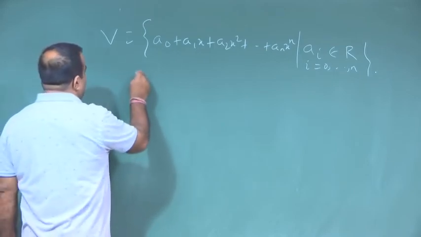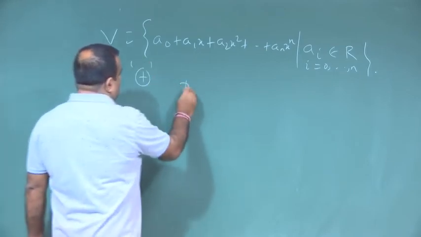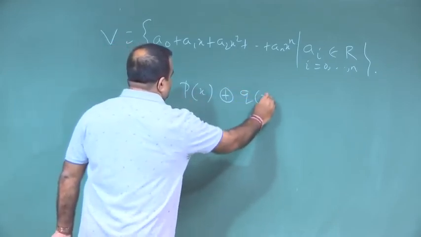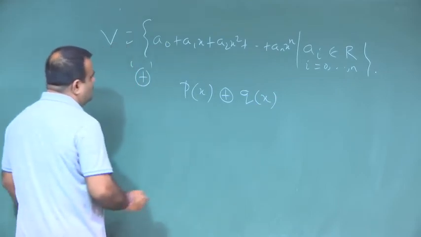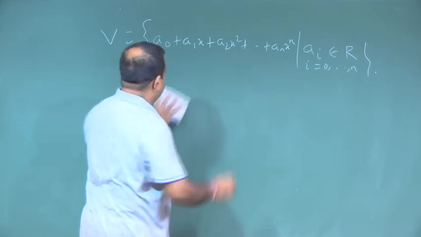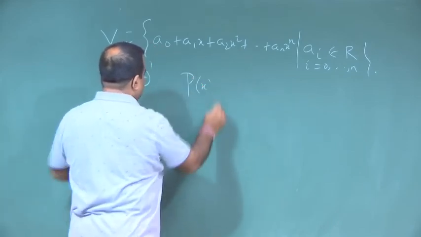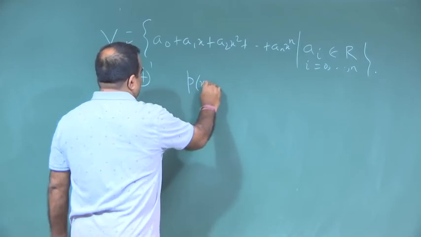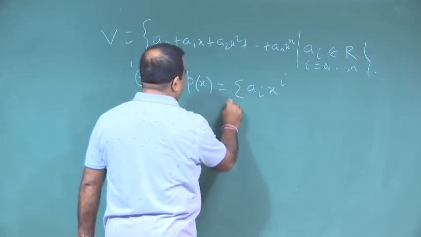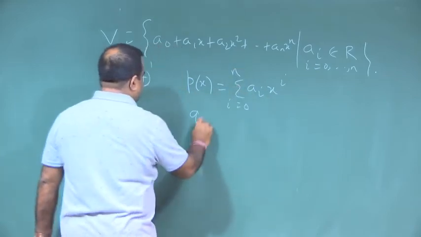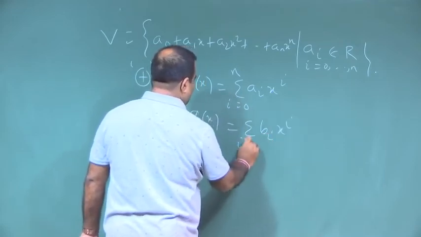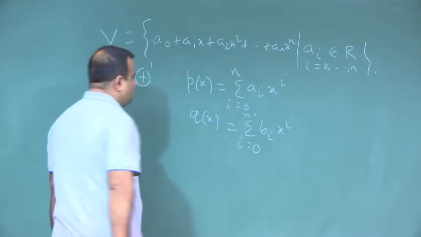Now, if you take two polynomials, how do we define this plus? Say p(x) is the summation of ai x to the power i, i equal to 0 to n, and q(x) is the summation of bi x to the power i, i equal to 0 to n.